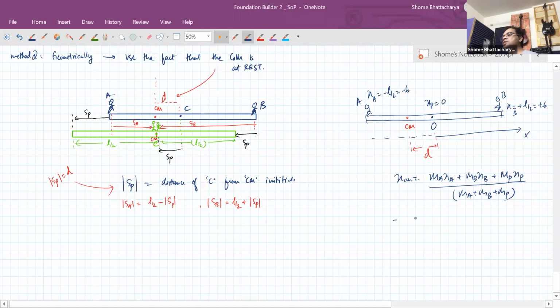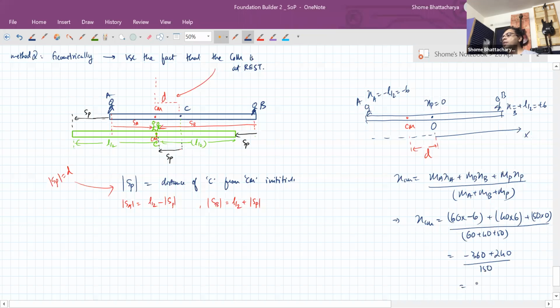So we can see that this x_cm is 60 into minus 6, plus 40 into plus 6, plus 50 into 0, because that's what we've taken as the origin, divided by 60 plus 40 plus 50. So it is minus 360 plus 240 divided by 150.